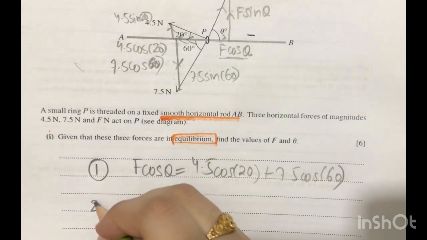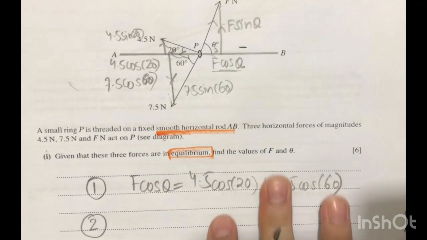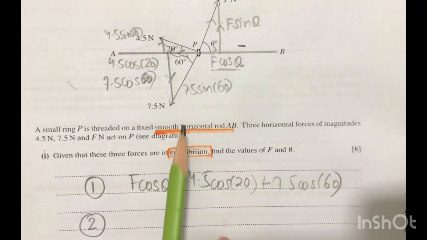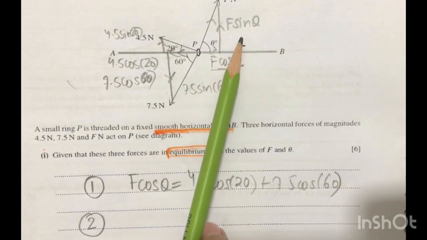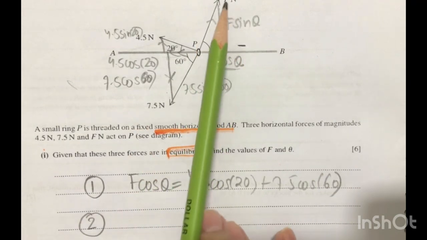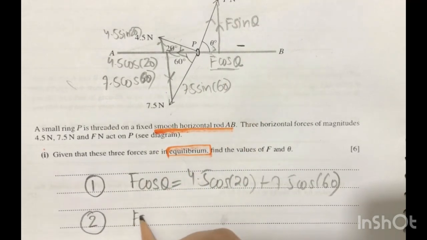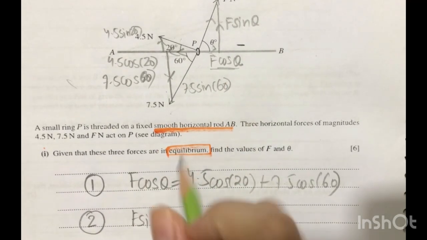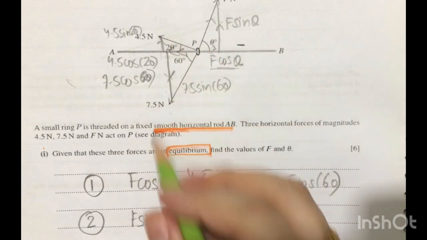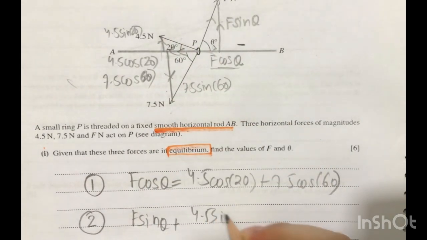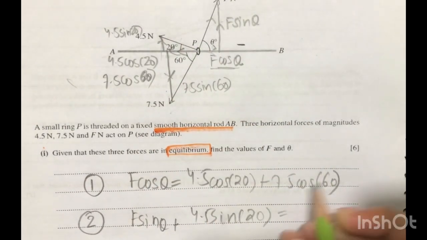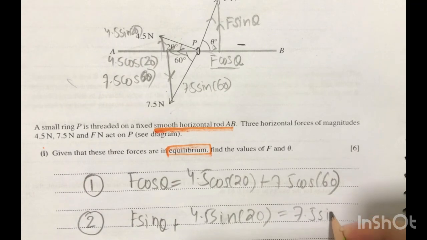And then we also know that there must also be equilibrium vertically, which means that forces acting upwards must equal the forces acting downwards. That means F sine theta plus 4.5 sine 20 is equal to 7.5 sine 60.